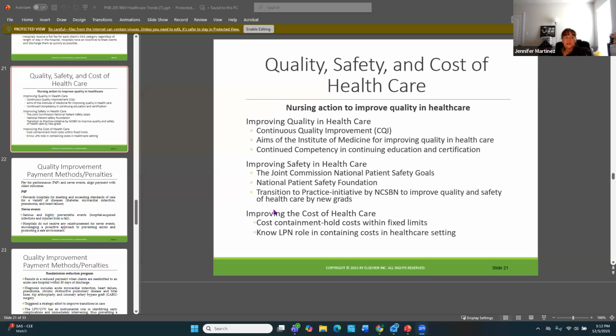And then we have the transition to practice, which is actually a really great idea. This was an initiative by the National Council of State Boards of Nursing. It's aimed at improving the quality and safety of healthcare by new grads as new grads transition into the healthcare system. And it's a model that acute care settings use.